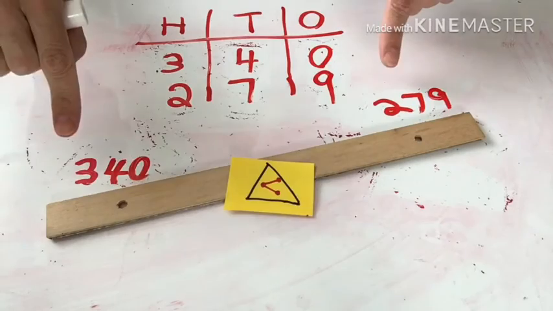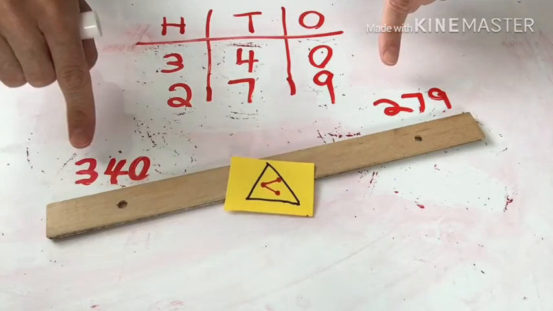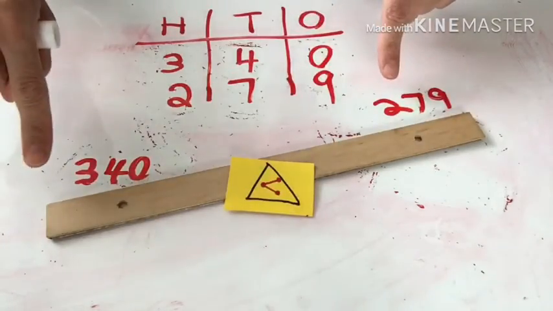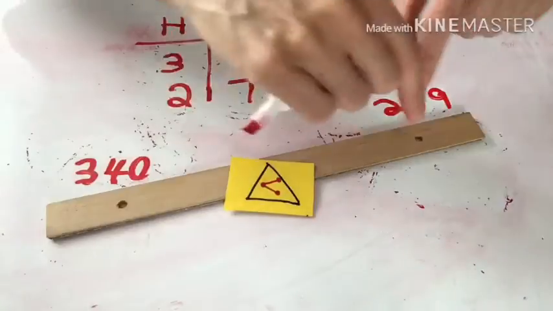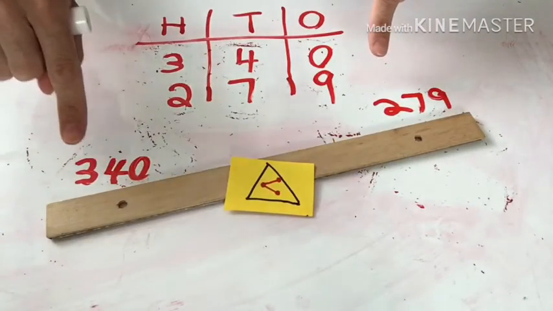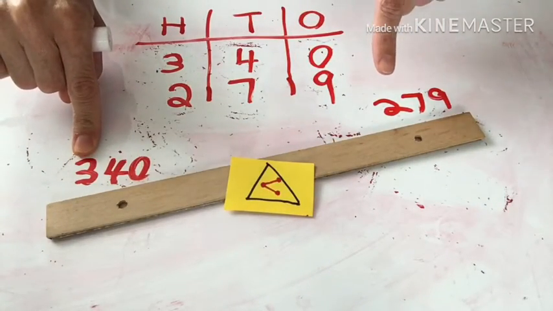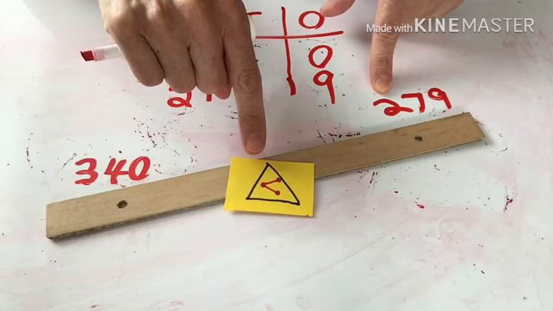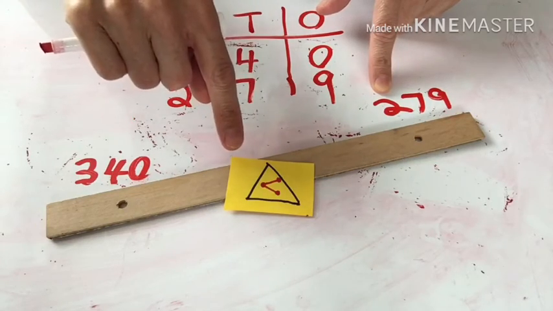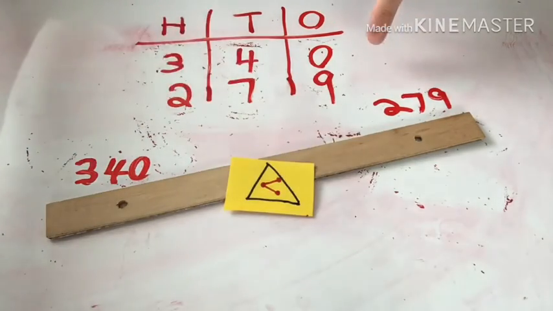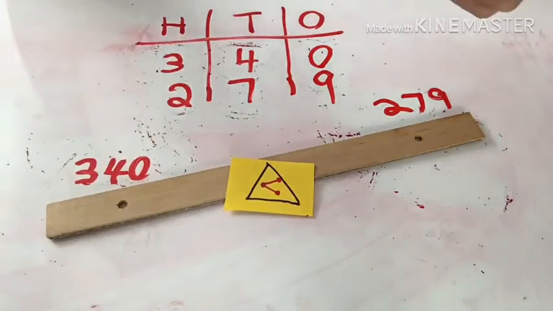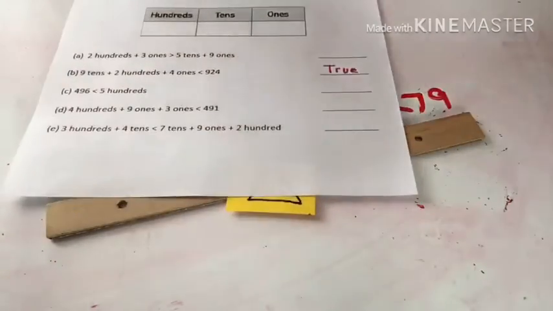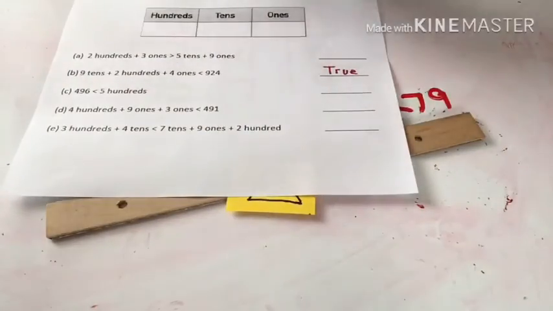So you look, and actually the seesaw should be unleveled in the way it is, because 3 hundredths is actually greater than 2 hundredths, but the symbol that they have in the problem is less than. So for that reason, the problem is gonna be false.